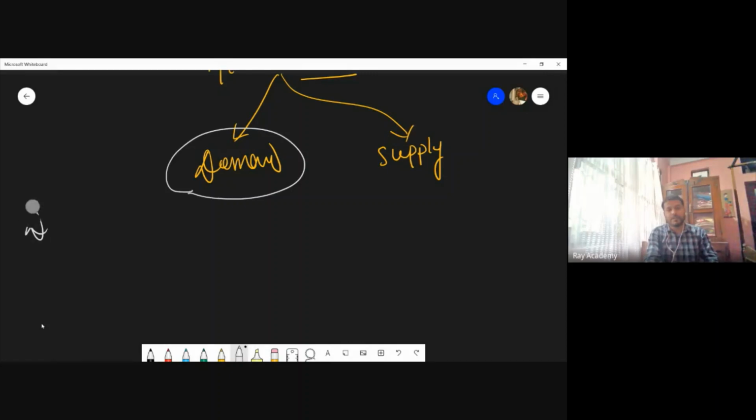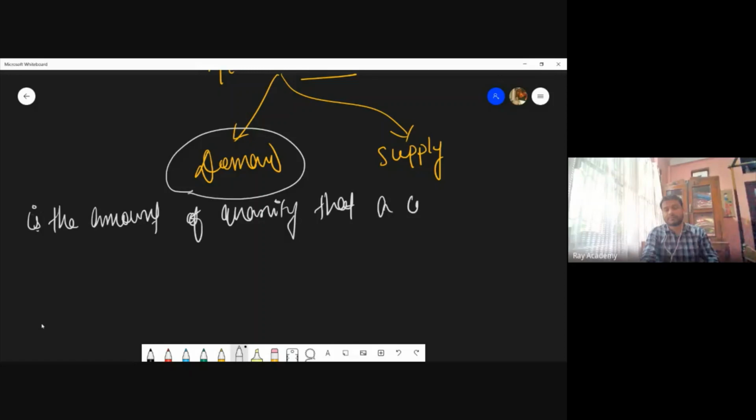Demand is the amount of quantity that a consumer is willing and able to purchase.